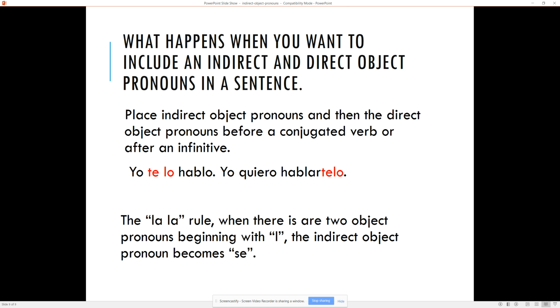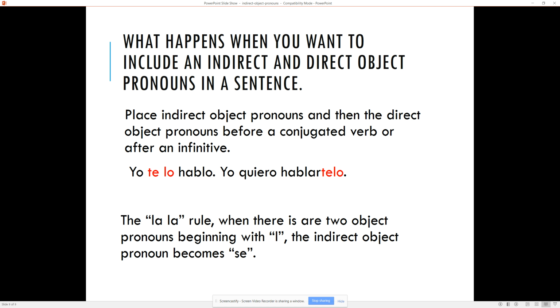There's one more rule, and that is the lo-lo or the le-lo rule. When there are two object pronouns beginning with an L, the indirect object is going to become se. So in this situation, let's drop the te from the example above.